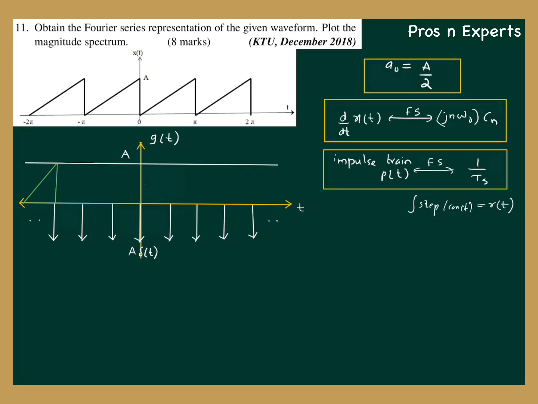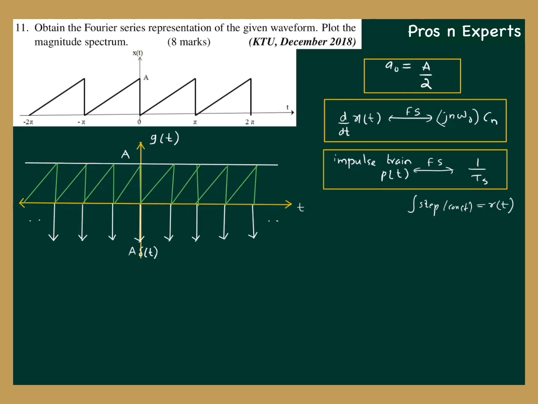But the ramp persists, so it integrates again, again an impulse comes, the value drops, again integrates, drops, and it follows like this. So integrating this signal g of t results in a sawtooth wave, which is exactly similar to our question x of t.